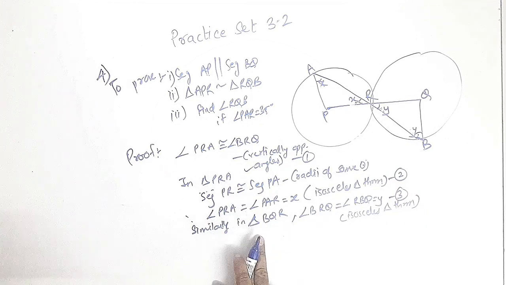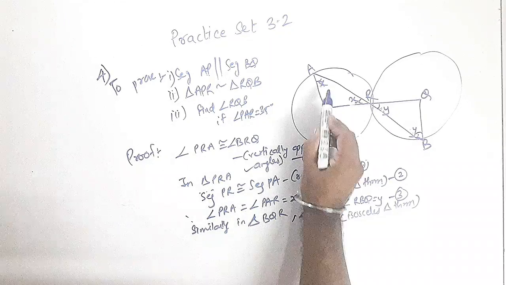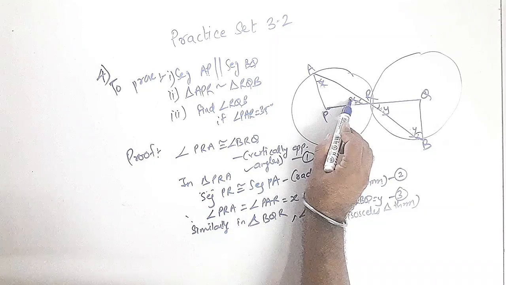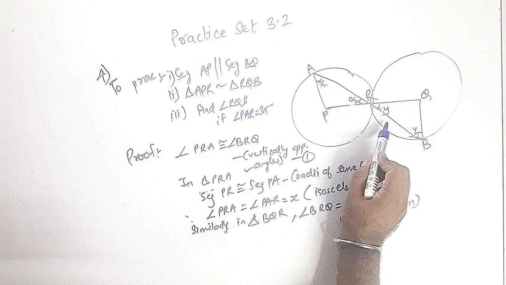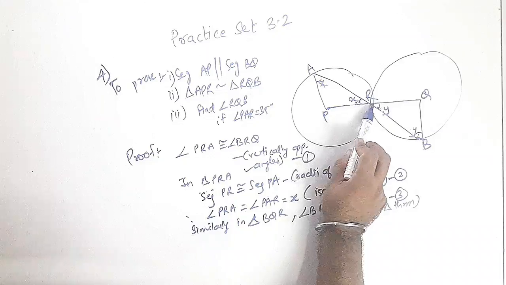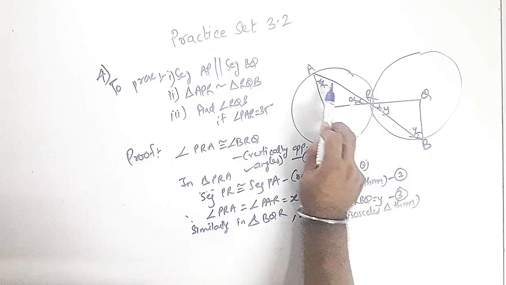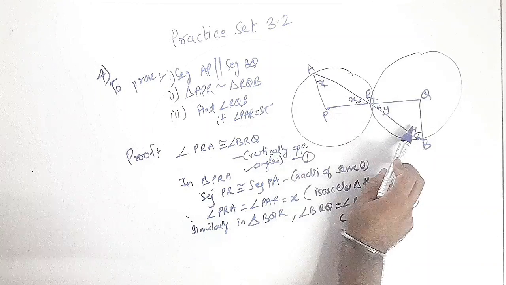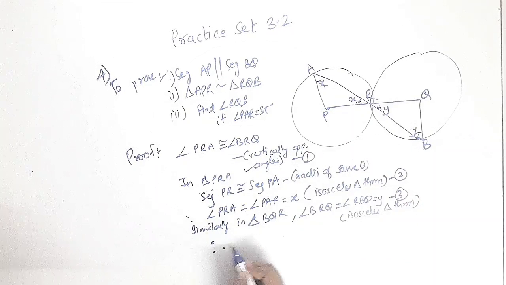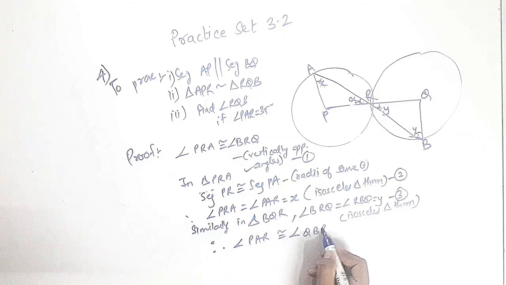So from point 1, 2 and 3, once again I will explain. This is an isosceles triangle, this also is an isosceles triangle, but one of its base angles is equal to the base angle of the other one, vertically opposite angle. Hence the other base angle also becomes congruent. Therefore angle PAR is congruent to angle QBR.